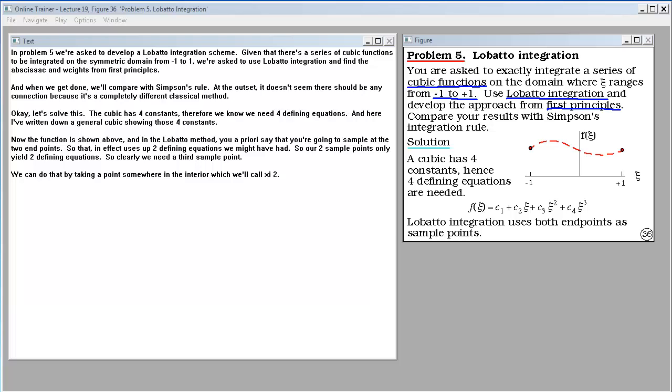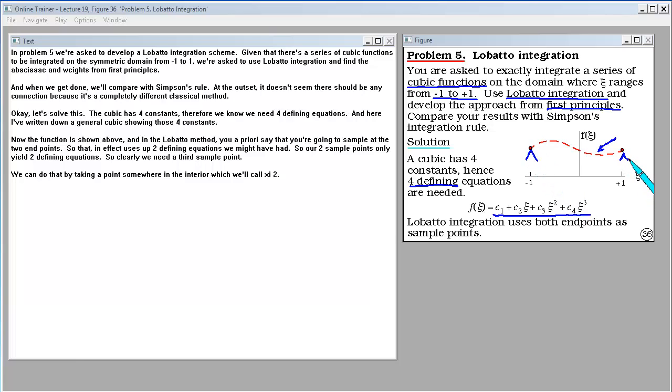Okay, let's solve this. The cubic has 4 constants, therefore we know we need 4 defining equations. And here I've written down a general cubic showing those 4 constants. Now, the function is shown above, and in the Lobatto method, you a priori say that you're going to sample at the 2 endpoints.